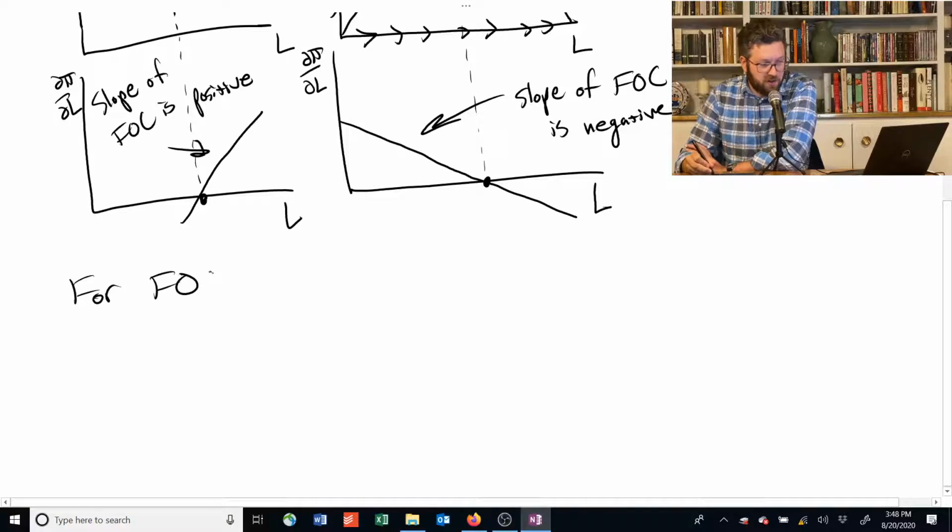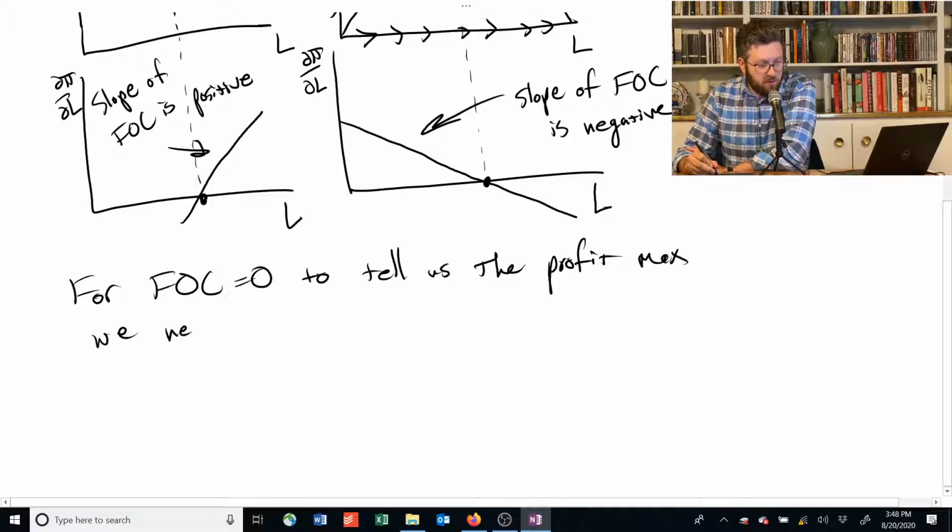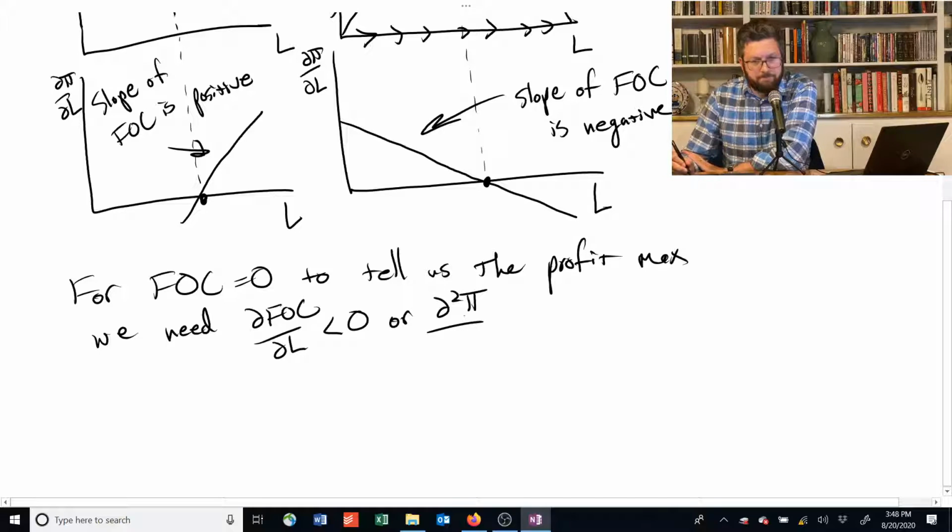For the first order condition equal to 0 to tell us the profit max, we need the derivative of the first order condition to be negative. Remember the first order condition is the first derivative of the profit function. So if we take the derivative of that, it's the second derivative. So this is the condition, that this thing is less than 0.